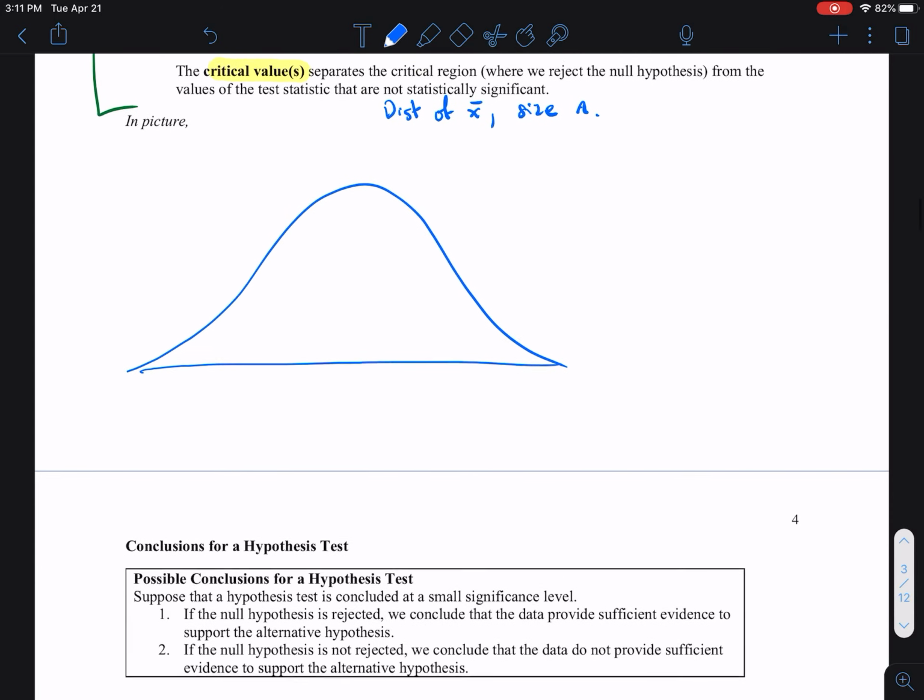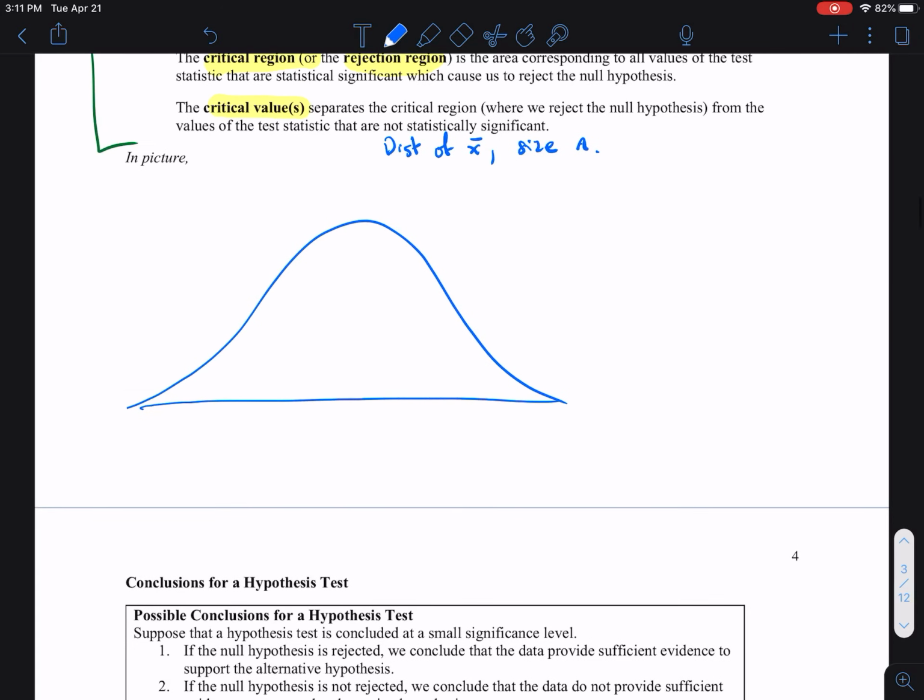If this is the distribution of x bar, from the central limit theorem, we know that the mean of all sample means is equal to the actual mean itself. So we have that: the central limit theorem says that mu of all x bar is equal to mu, and sigma of all x bar is equal to sigma over the square root of n.